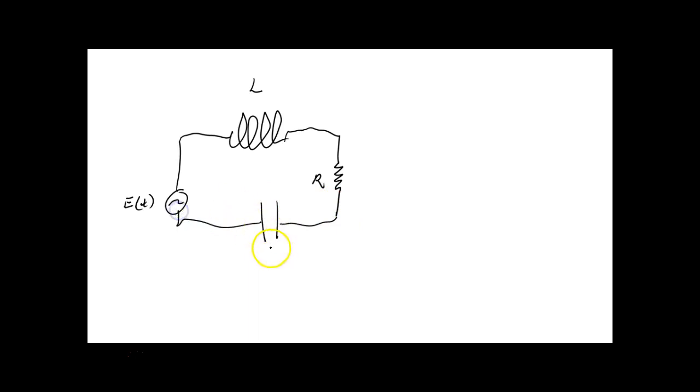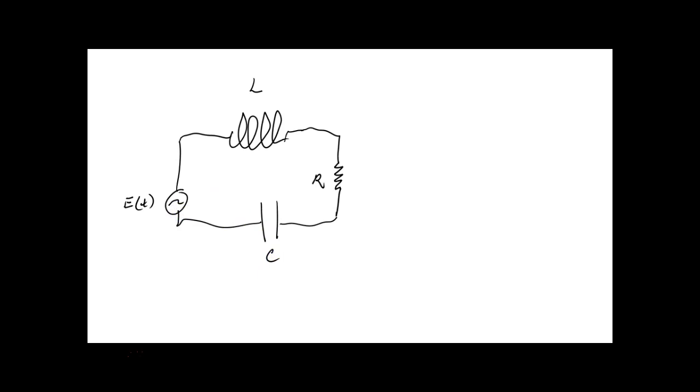And this is going through an inductor, okay? And it's also going through a resistance, okay? So this is an inductor with symbol L, resistor with symbol R, and then finally going through a capacitor, symbol C, okay?